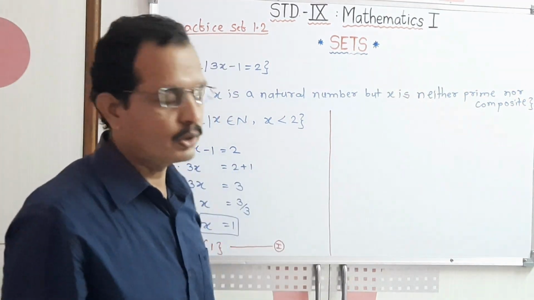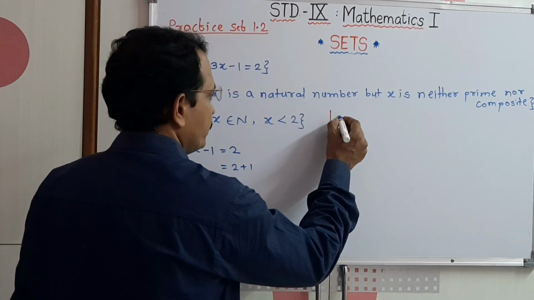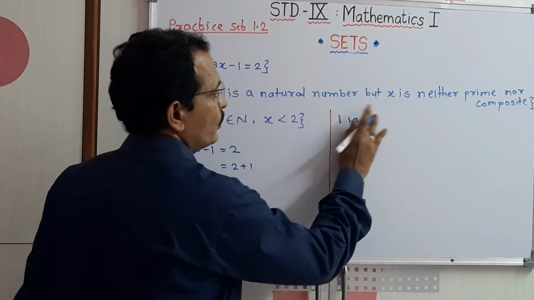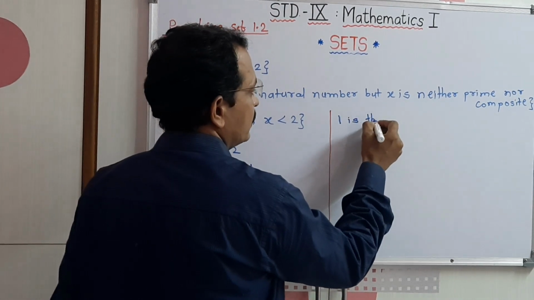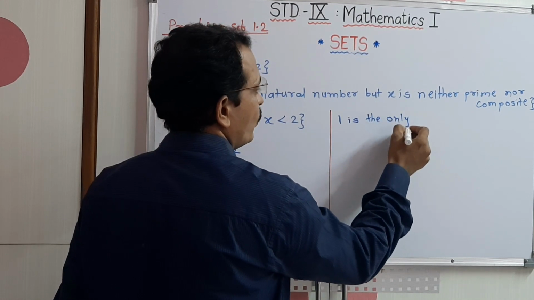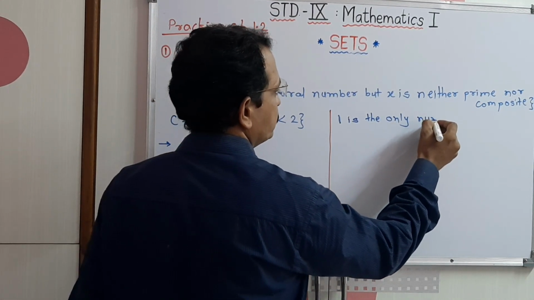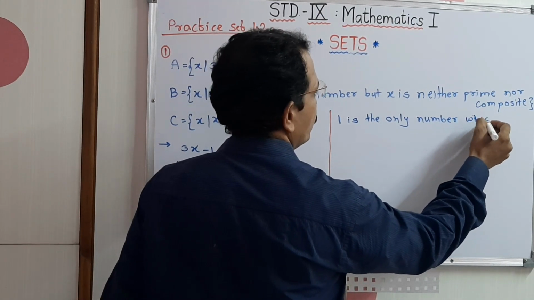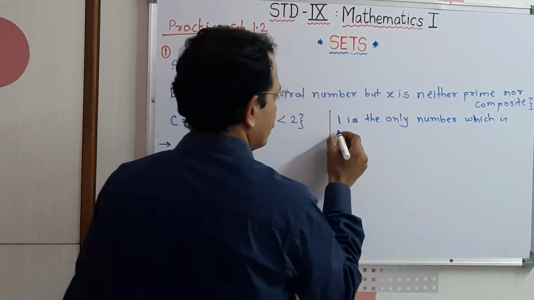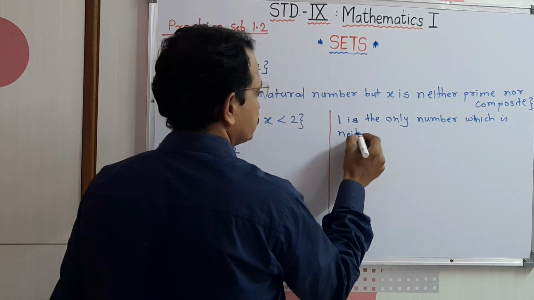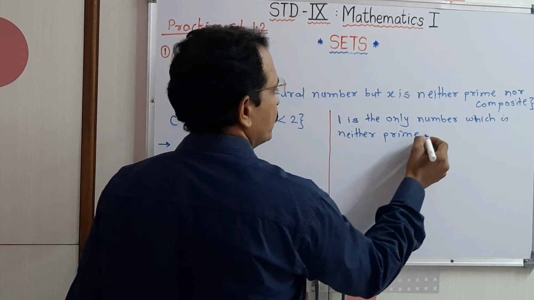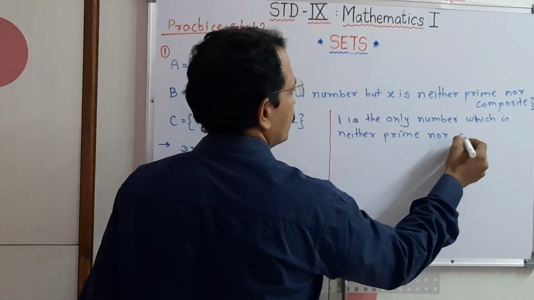And all of you know that 1 is the only number which is neither prime nor composite.